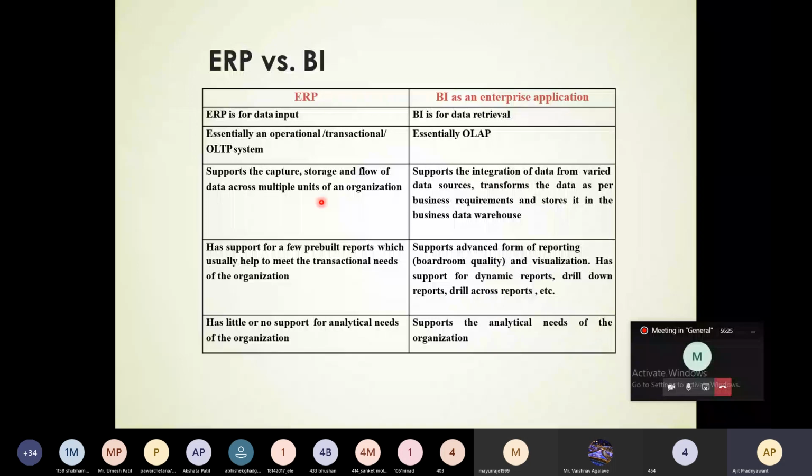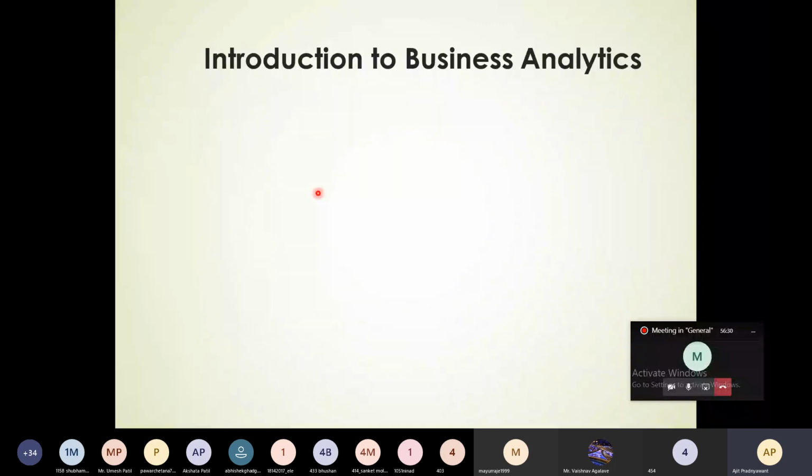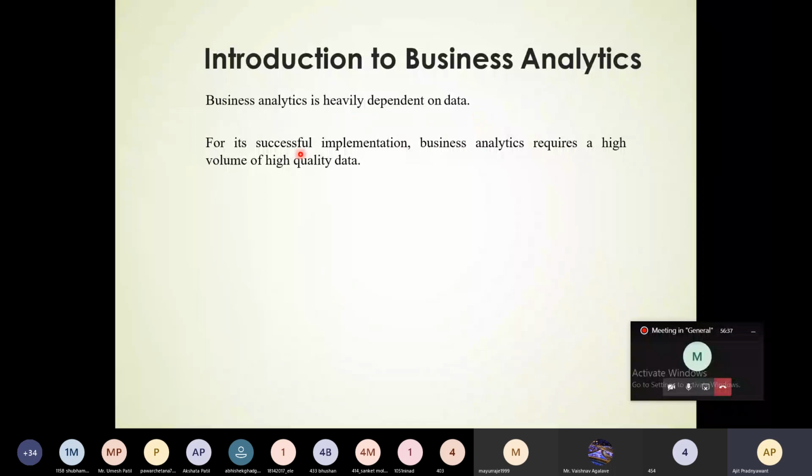Now let's understand business analytics. Business analytics is heavily dependent on data for its successful implementation.